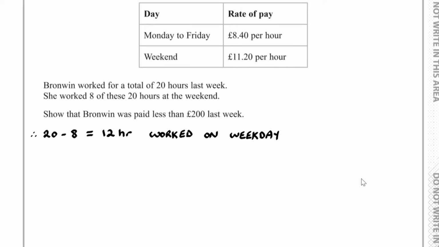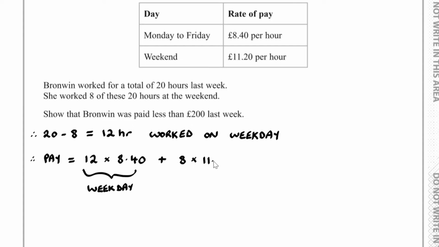So now we need to find out the pay for this. Well, we are working 12 hours, and Monday to Friday, we are paid £8.40 per hour. So this is the amount we are paid on a weekday. And then on a weekend, we are working 8 hours, and we are paid £11.20.